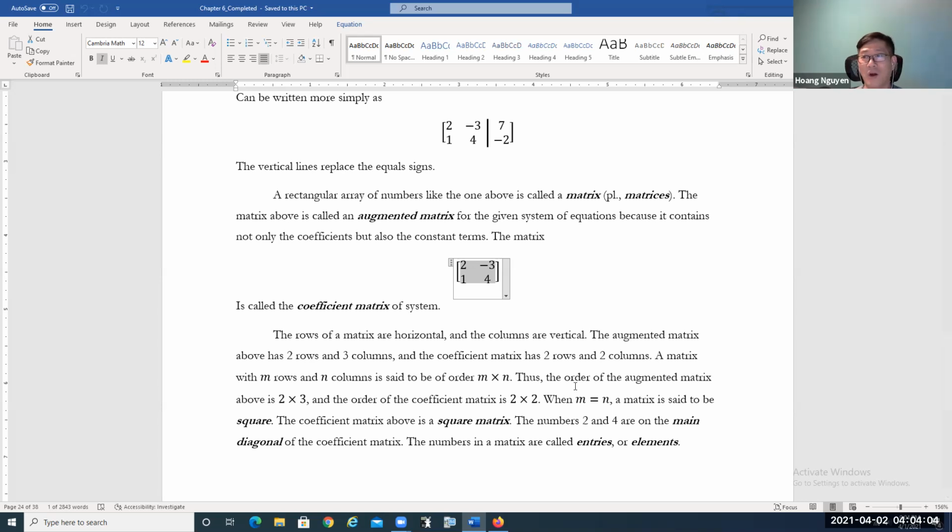We talked about the augmented matrix, the coefficient matrix, and the dimension of a matrix, where m by n is the number of rows times the number of columns.